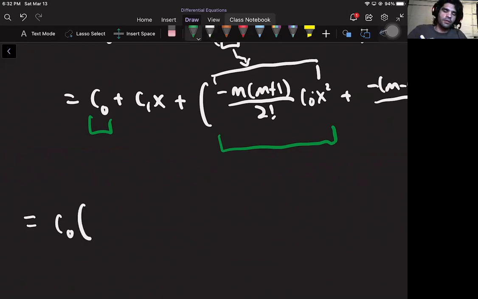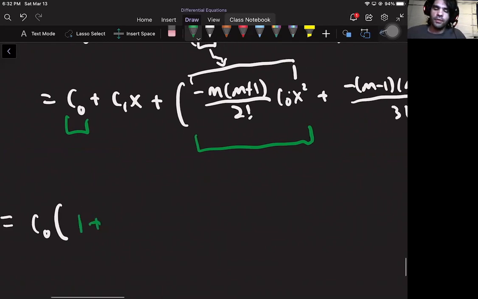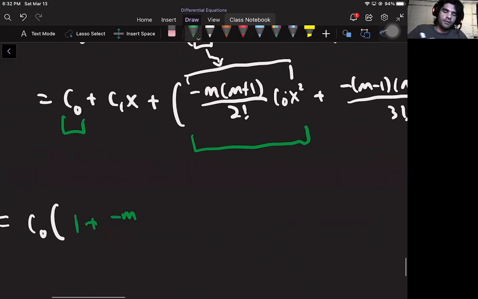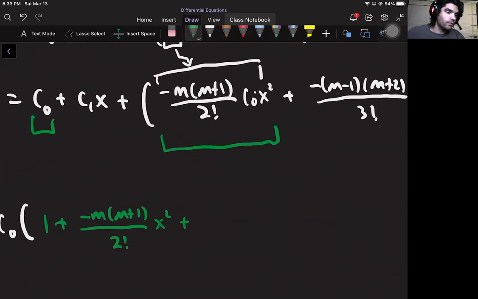So if I factor out C0 from C0, I just get 1. And then I factor out from the x squared term, I just get this. And then now I'll write the fourth term because I didn't write it earlier. But we did figure it out.